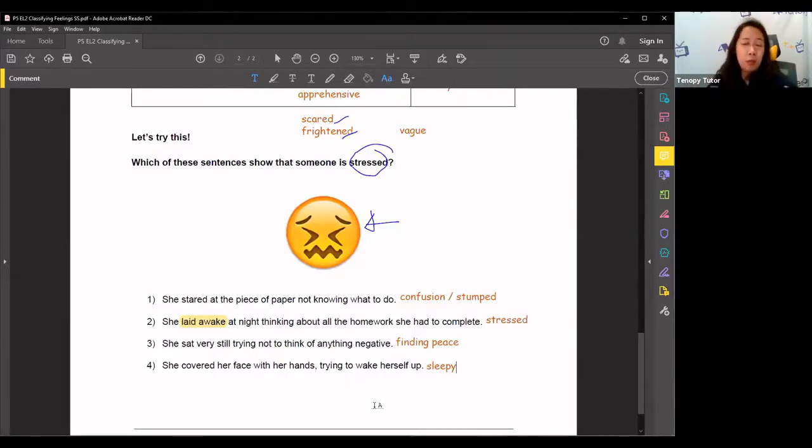Sometimes we feel sleepy because I have been thinking so much. I am so tired right now. It could be, but it doesn't say that it is directly related to stress. In this case, we have a sign, right? She laid awake thinking about all the homework. So this is our sign. So this is very specific.